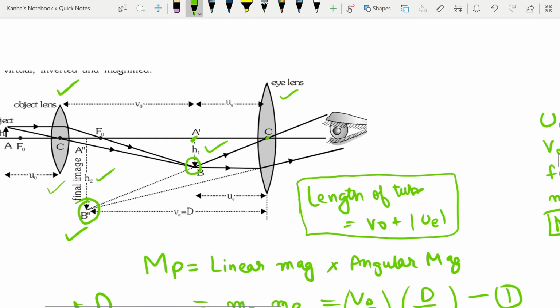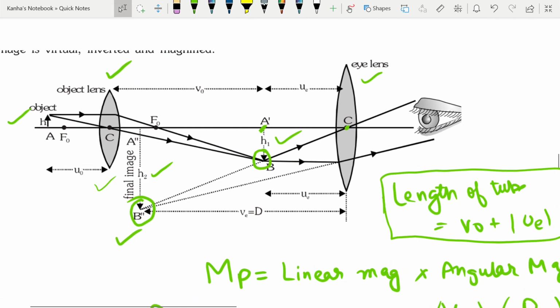So here you can easily see what clearly happens quickly. You start with the object, you send in rays, you get an image somewhere around here after the focal point, so you don't want the image to be inside the region between C and f naught, the focal length of the objective lens.